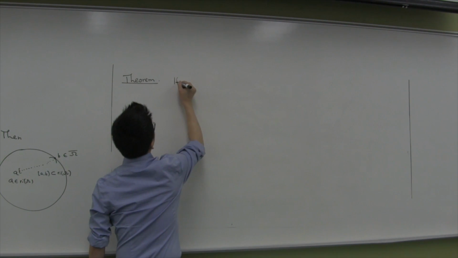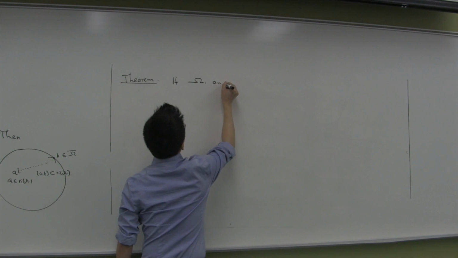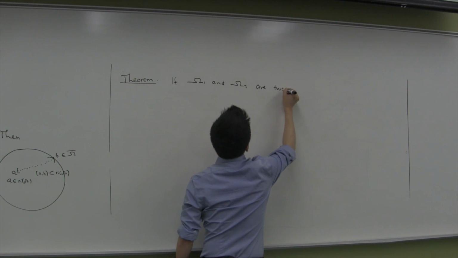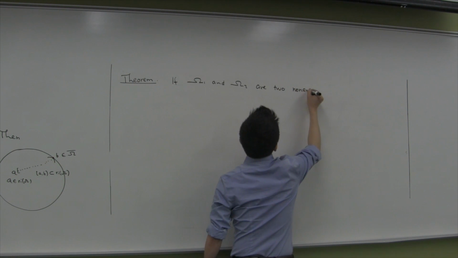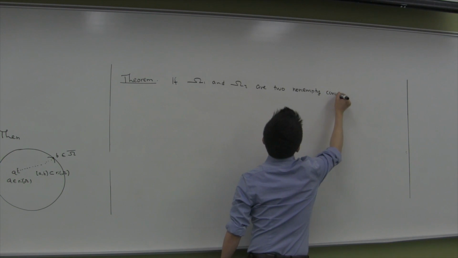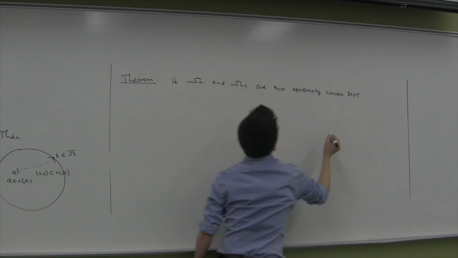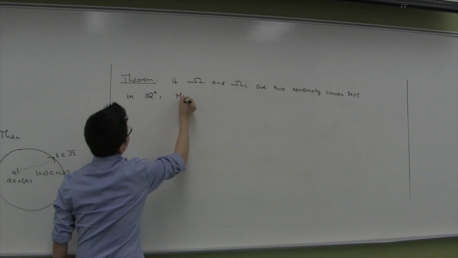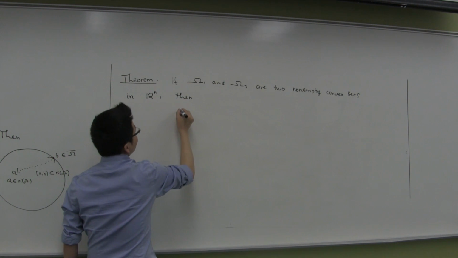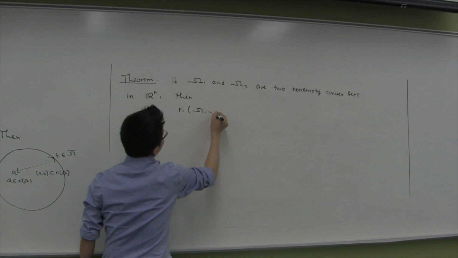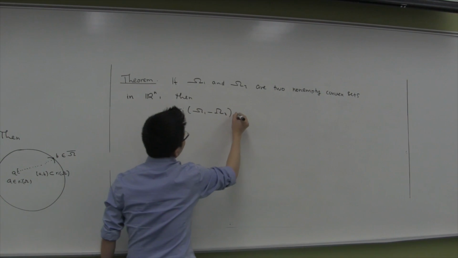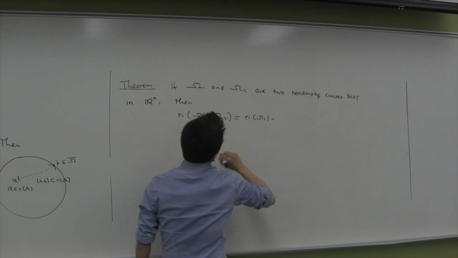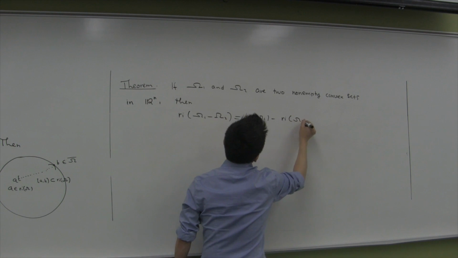If omega 1 and omega 2 are two non-empty convex sets in R^n, then the relative interior of omega 1 minus omega 2 is equal to the relative interior of omega 1 minus the relative interior of omega 2.